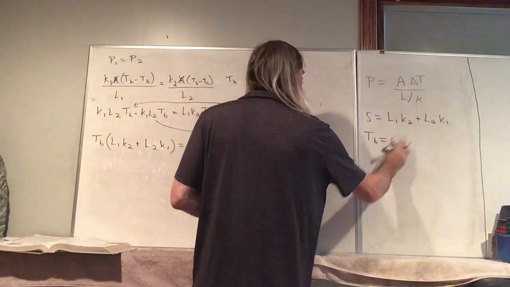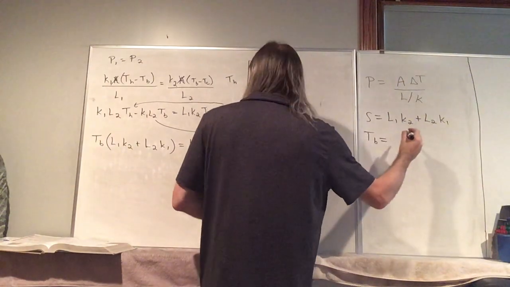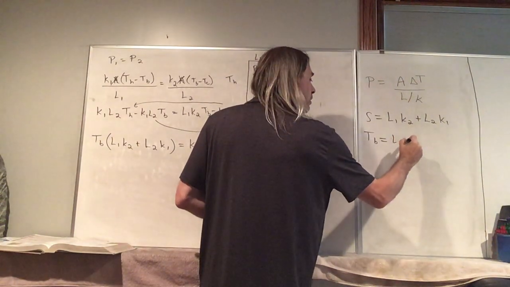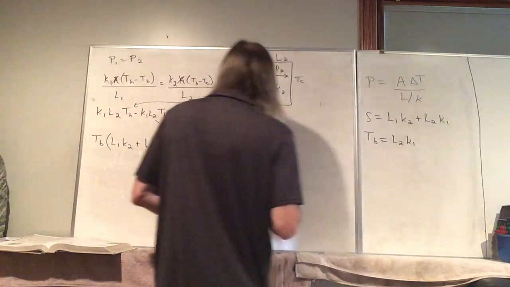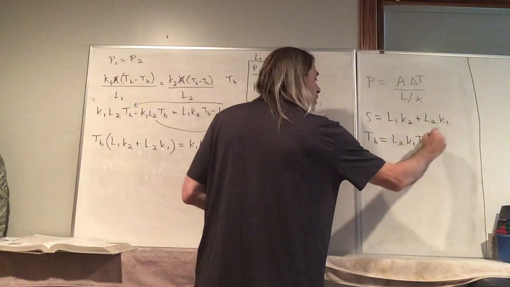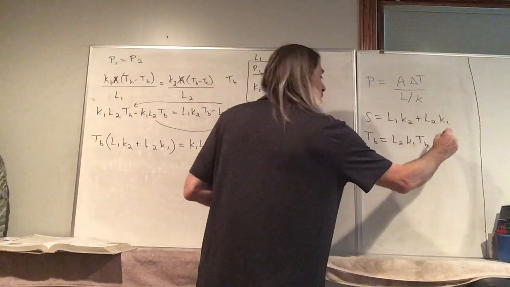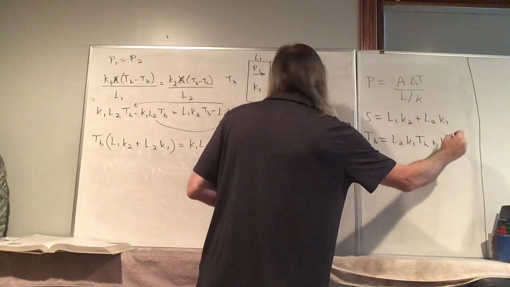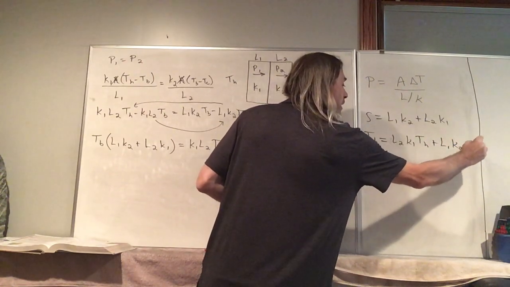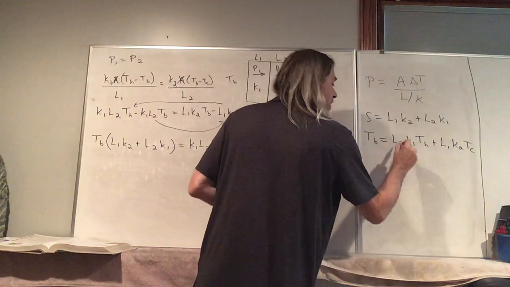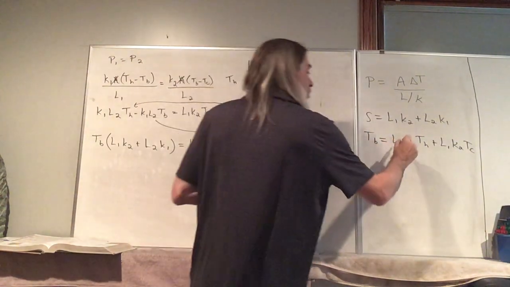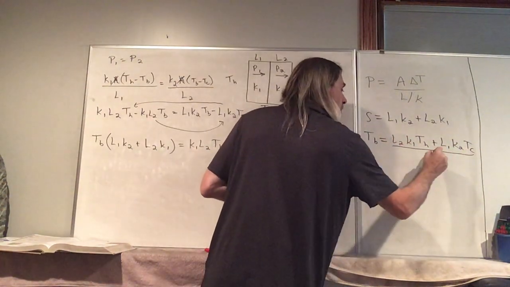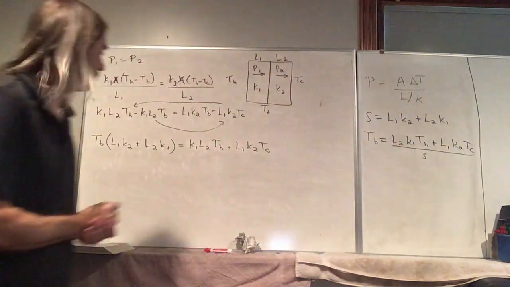Actually, let's just do it in the order it is. We have L2K1 times TH plus L1K2 TC, that whole thing divided by S.